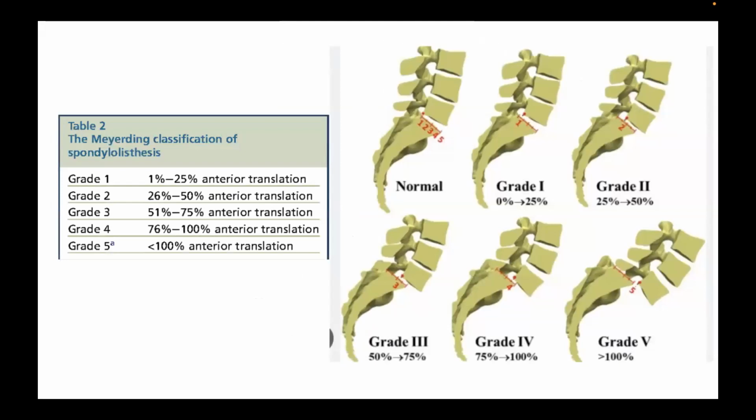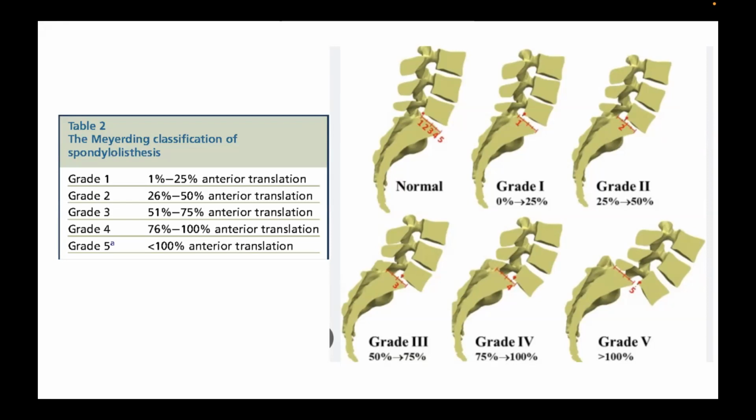Coming to radiological classification, Meyerding classified spondylolisthesis into 5 grades. He divided the caudal vertebra into 4 different parts, and depending on the slip, he classified it into grade 1, grade 2, grade 3, grade 4, and grade 5. Grade 1 involves 1 to 25 percent anterior translation.